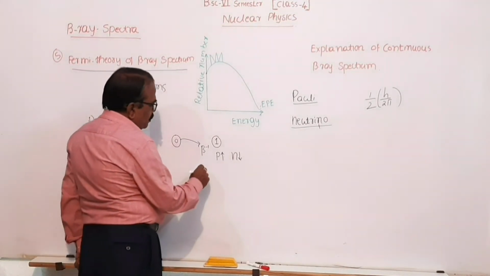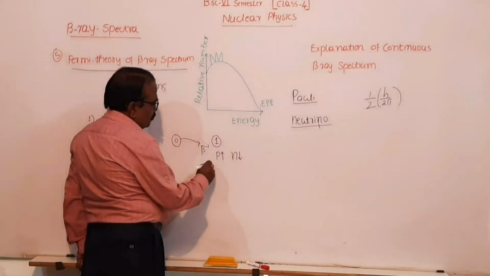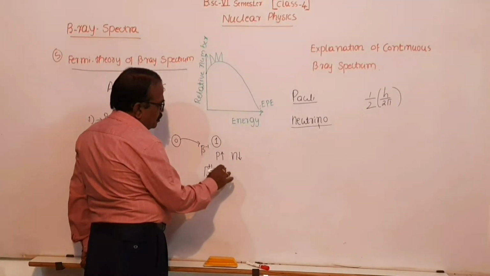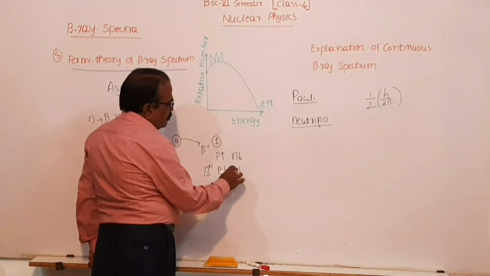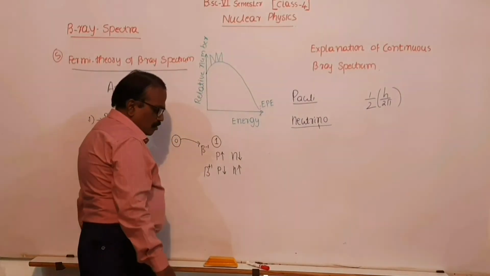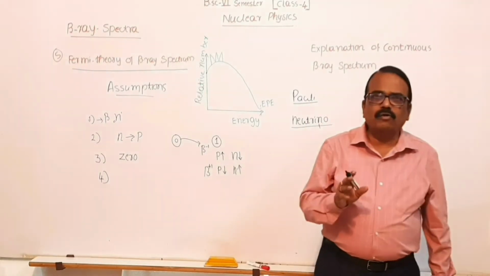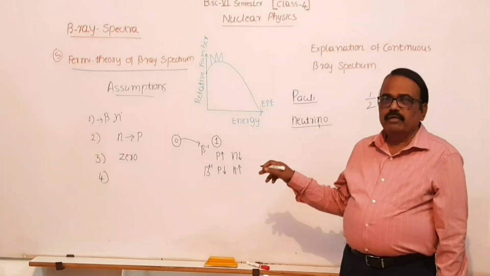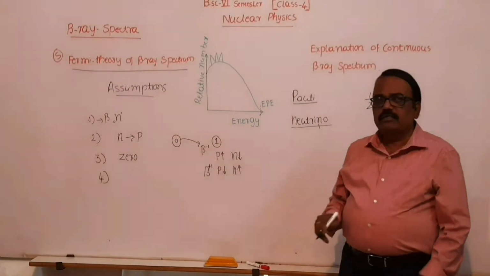If the emitted particle is a positron, the number of protons inside the nucleus decreases by 1 and the number of neutrons increases by 1.